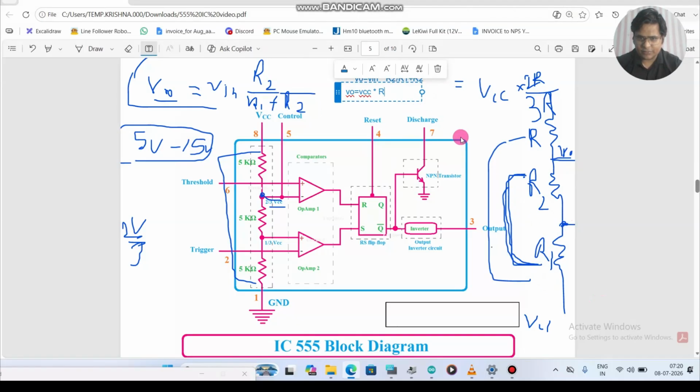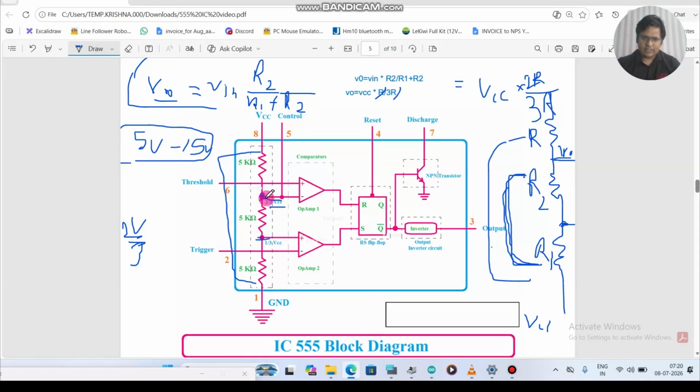We are calculating at this point, R divided by total R, means we will get 1 by 3, R will be cancelled out, and then we will get 1 by 3 VCC. So these 2 points are there, 2 by 3 VCC and 1 by 3 VCC. According to the potential divider we can calculate, here we are getting 2 by 3, here we are getting 1 by 3.